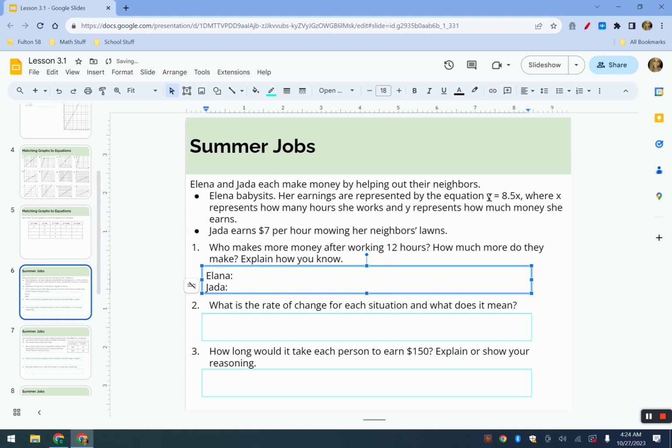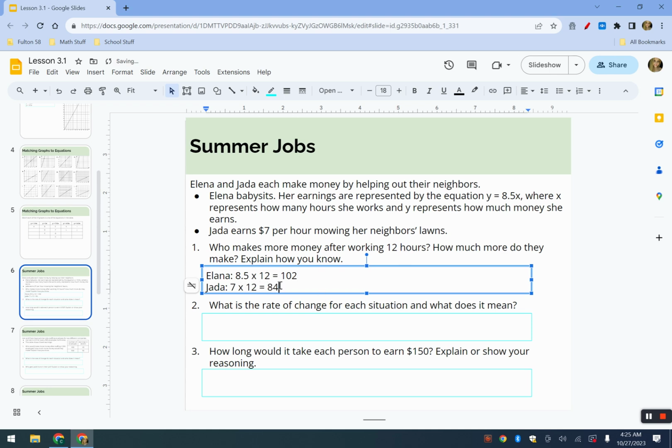So Elena's equation y equals 8.5x, where x is our hours. So we take our hours 12 and we multiply it by 8.5. That is going to give us 102. Jada makes $7 per hour. So we're going to do 7 times 12, and that's going to give us 84.